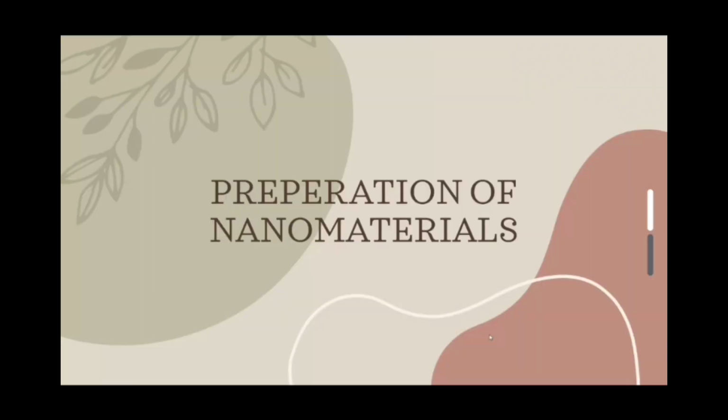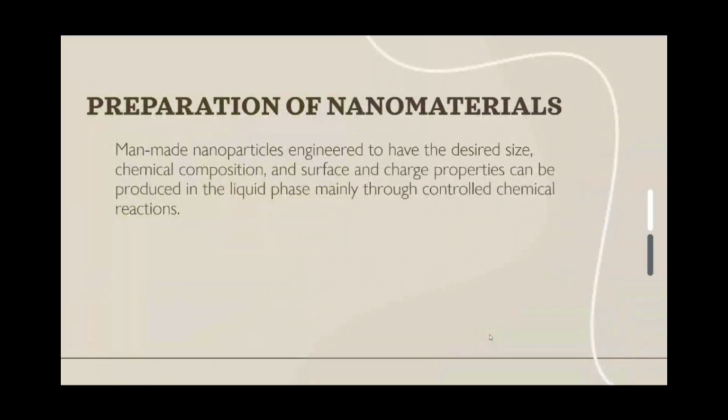For our last objective of the day, we will be discussing the preparation of nanomaterials and its manufacturing processes. The preparation of nanomaterials involves man-made nanoparticles engineered to have the desired size, chemical composition, and surface and charge properties.